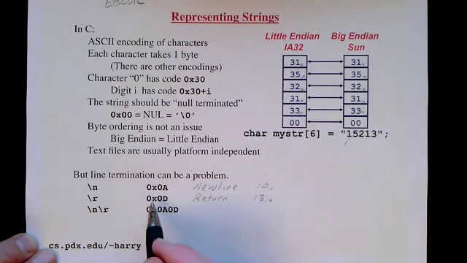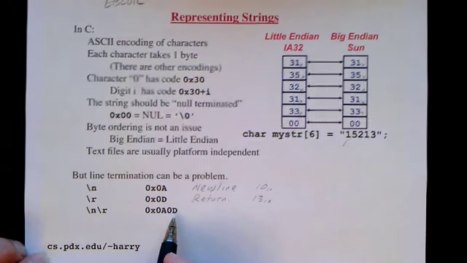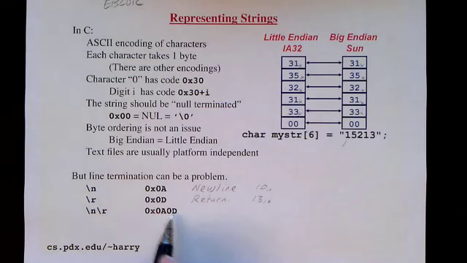And on different platforms, there are different standards that have evolved. So sometimes you'll find that text files end each line with a 0A, or sometimes with a 0D, or sometimes with both of them. Generally, the software will read the text file and just see what's there and interpret the end of the line based on whatever the text file uses.